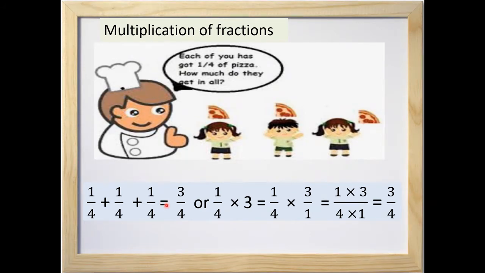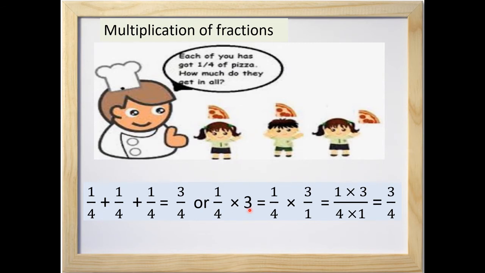But children, we have learned that multiplication is nothing but repeated addition. What is it, children? That multiplication is nothing but repeated addition. So we can simply multiply 1/4 by 3. So how to multiply? 1/4 is a fraction and 3 is a whole number.